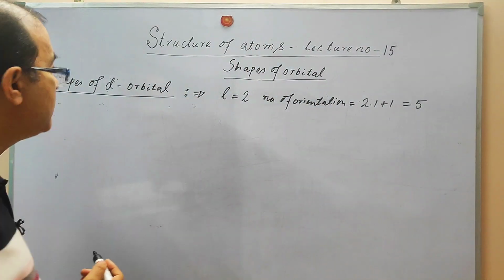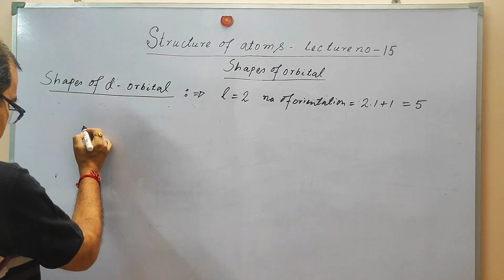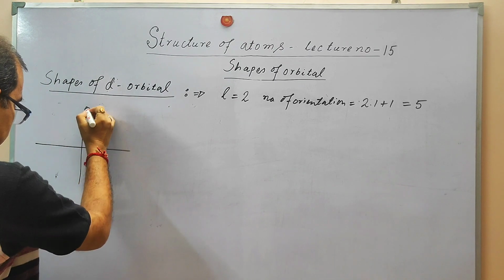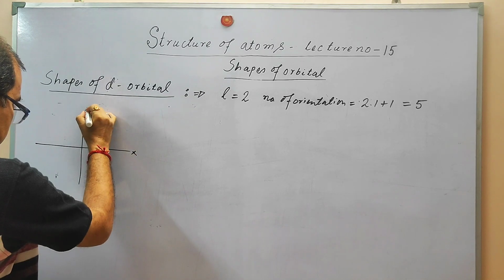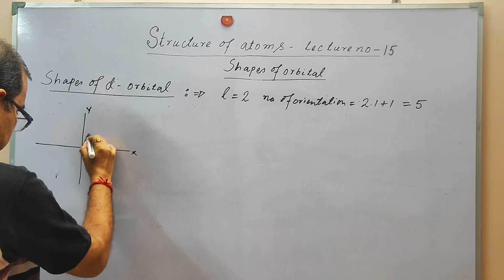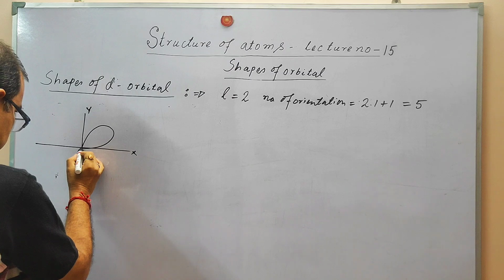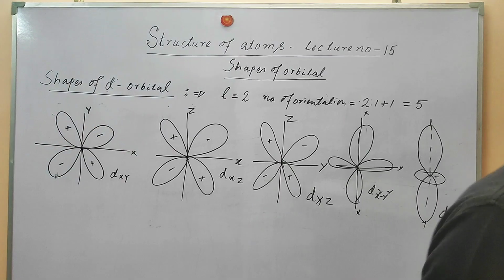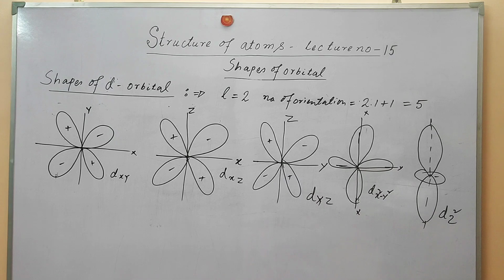What is the surface boundary diagram of this orbital? Let us understand. This is the surface boundary diagram of the d orbital.